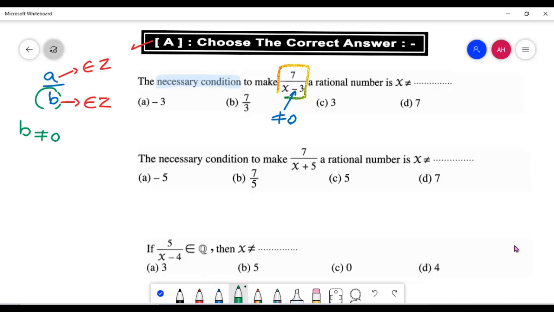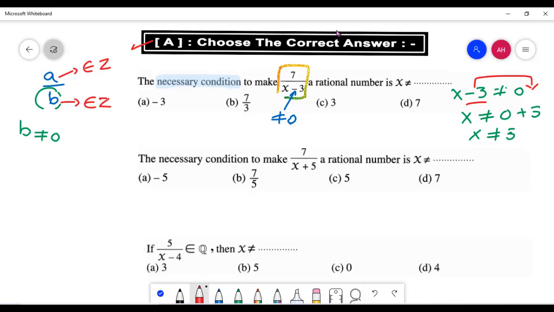So in this case, x minus 3 should not be equal to 0. By solving it as a normal equation and moving the minus 3 to the other side, I will have x is not equal to 0 plus 3.